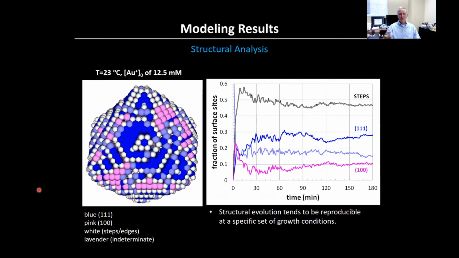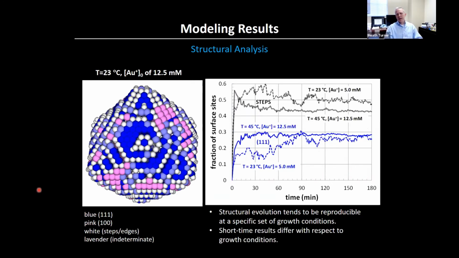And so we can get a lot of that information very precisely from our calculations. We can see what this looks like as a function of time. And we can also then, based on this, propose and try out different scenarios to try to increase or decrease certain features on the nanoparticle surface.